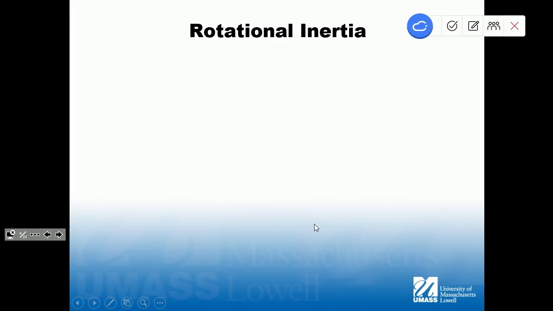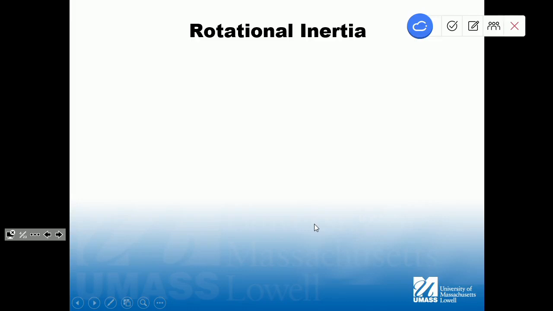When this is out here and I'm trying to do this, the mass is further away from the axis of rotation. In this case, the mass that's actually rotating is pretty light compared to the mass that's not. So the mass is actually concentrated closer to the axis of rotation, making it easier to rotate.